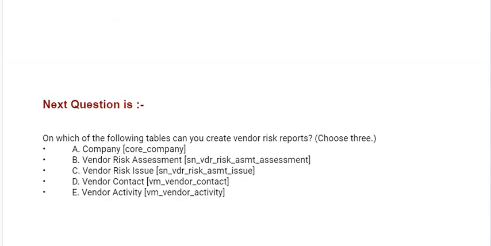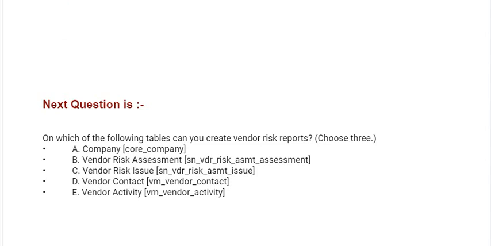Next question is, on which of the following tables can you create vendor risk reports? Choose three options. Option A. Company, core_company. Option B. Vendor risk assessment, SN_VDR_risk_ASMT_assessment.